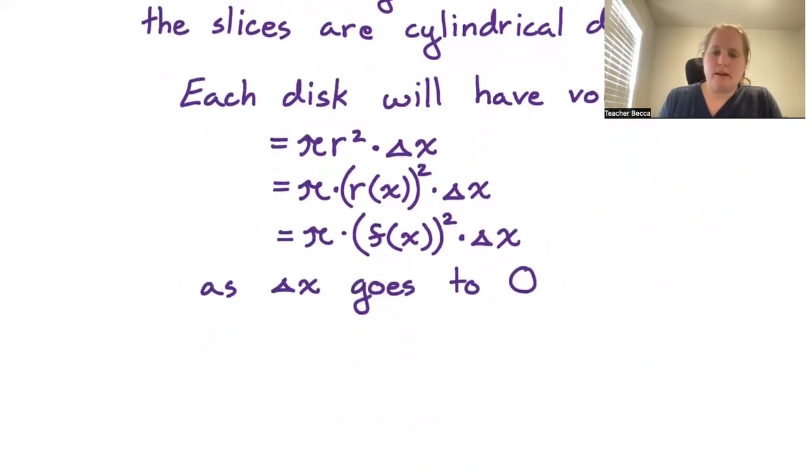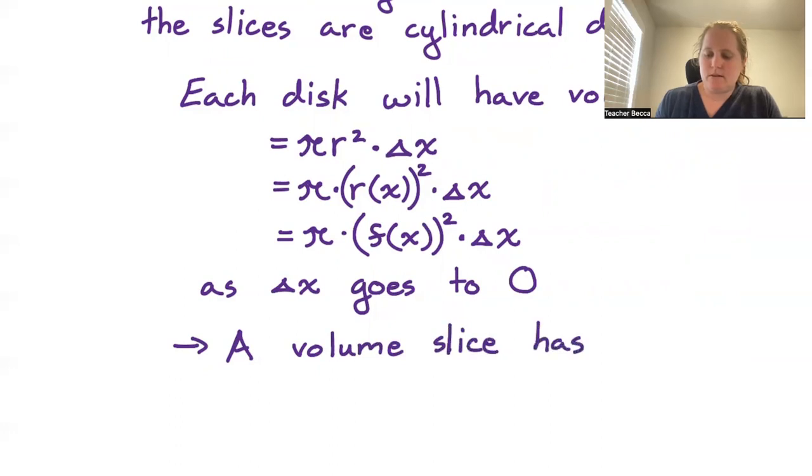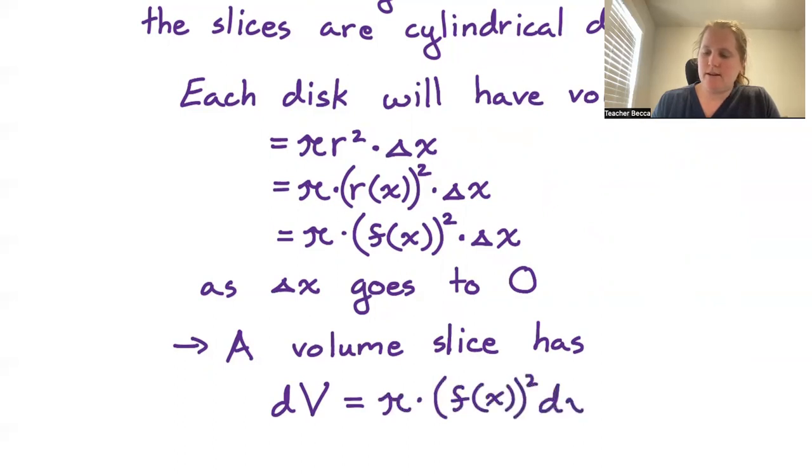then we essentially get that volume slice, a little sliver of volume dV, is equal to pi times f of x squared dx.